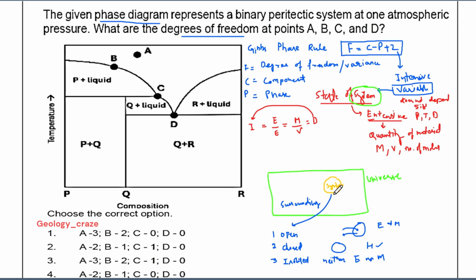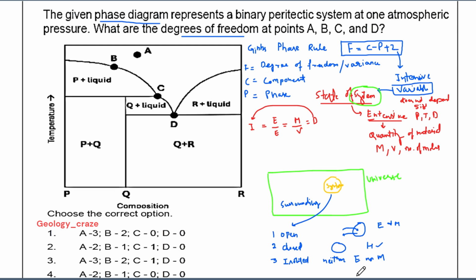Now, if we use an isolated system for our study, what are the things we have to understand? Mass, volume, and number of moles are not getting changed in the system. In an open system these things are involved, but in our case they are not.